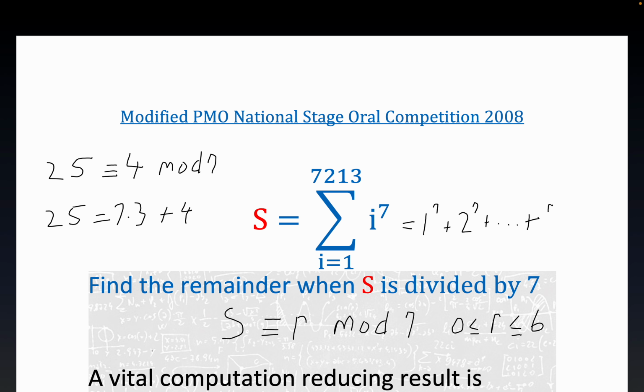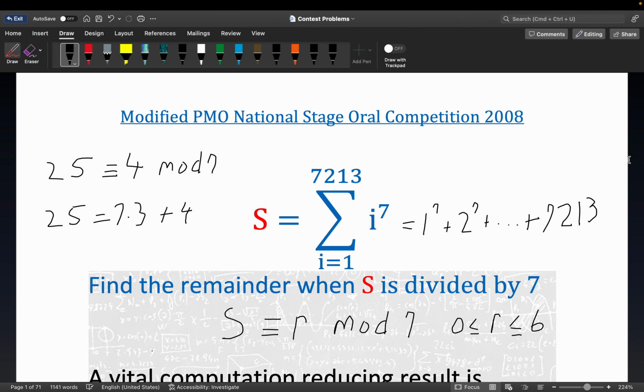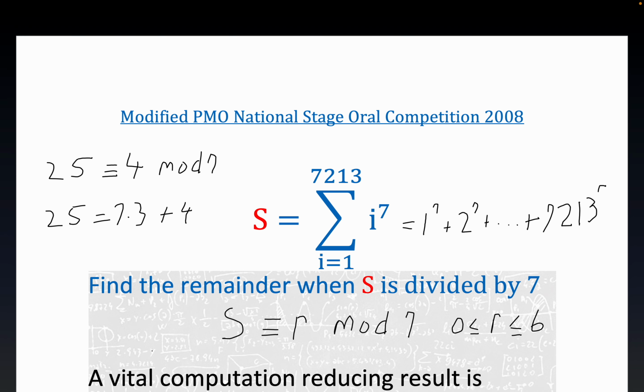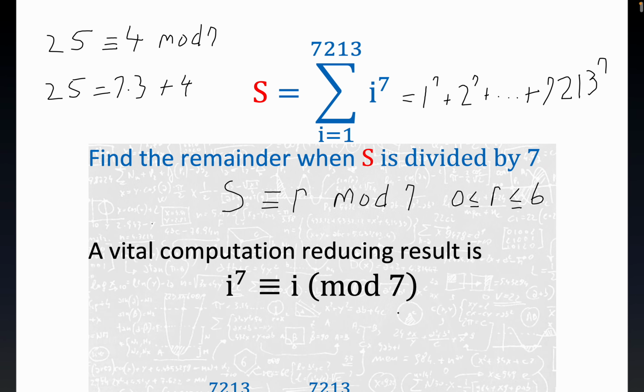This would be 7213 raised to the 7th power. So obviously, this is a real pain in terms of trying to do a direct computation, but there's a pretty well-known result that we're going to use.